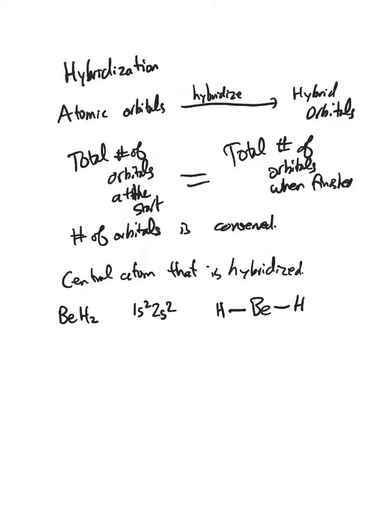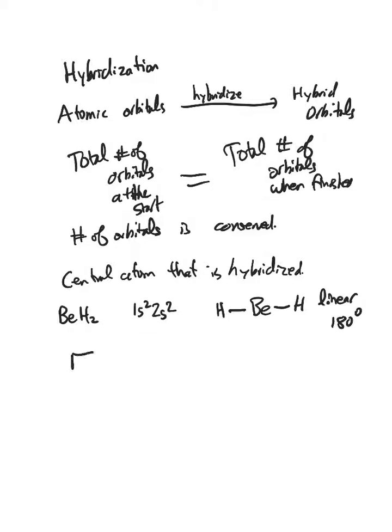So we're only going to have 4 valence electrons in our Lewis structure. And this will be the correct Lewis structure for beryllium hydride. Yes, it's electron deficient, but that's all the electrons we have. And so just looking at this, we know it's going to be linear and 180 degrees for that bond angle. So we need to come up with these hybrid orbitals that will lend itself to having this bond angle.